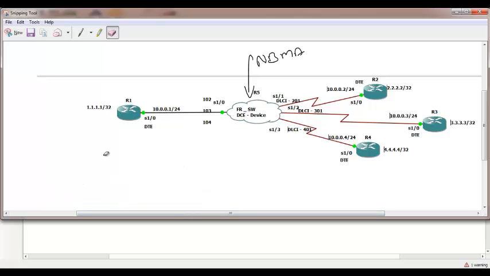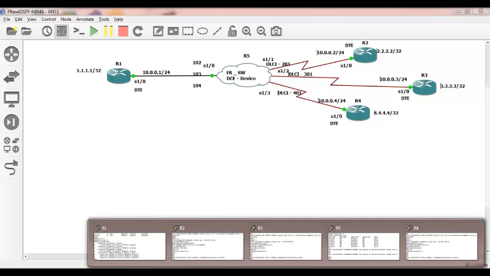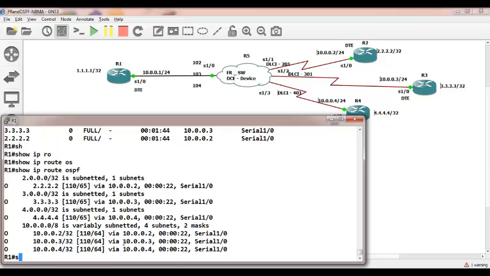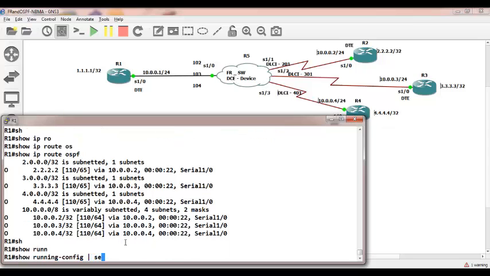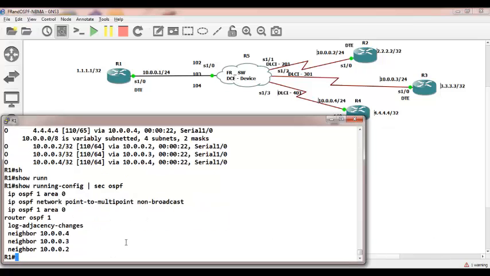Right now what we have is point to multipoint non-broadcast. The neighbors are statically configured, manually configured. So I'll go and remove them first. See, show run section OSPF. You see, the neighbors are statically configured. I'm going to remove those neighbors.